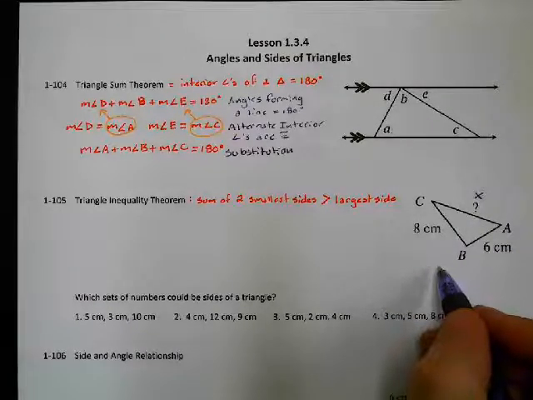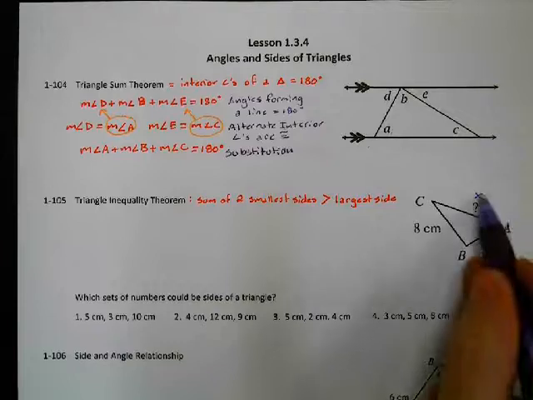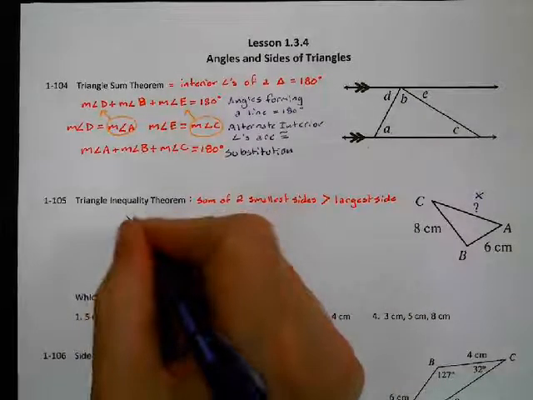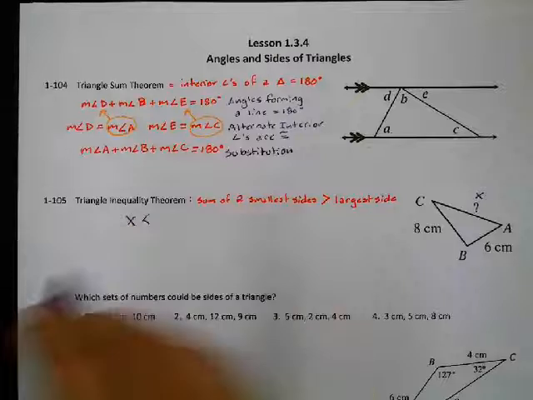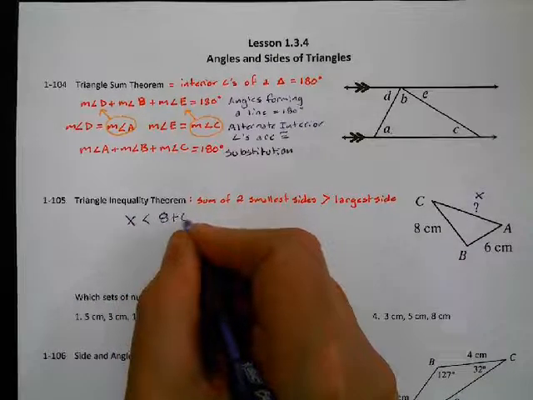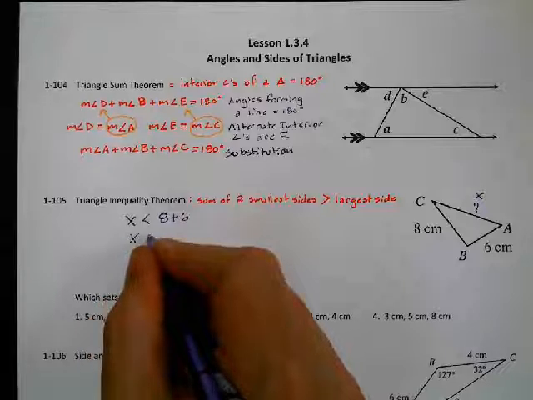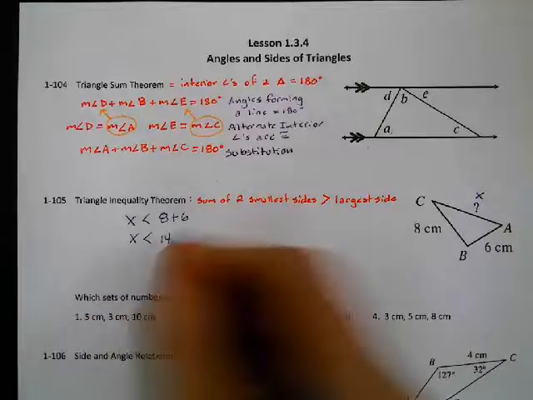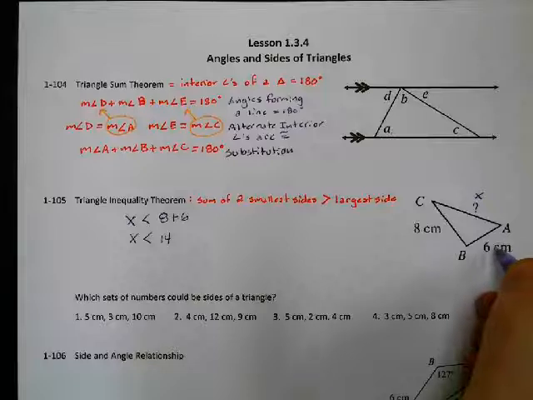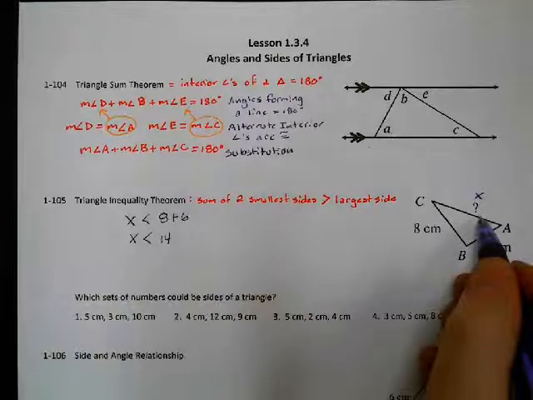So that means that this side has to be smaller than these two added together. So X has to be smaller than 8 plus 6. So I have found out that X is smaller than 14. Anything bigger than 14 and these two sides wouldn't be able to touch each other. So my third side has to be smaller than 14.